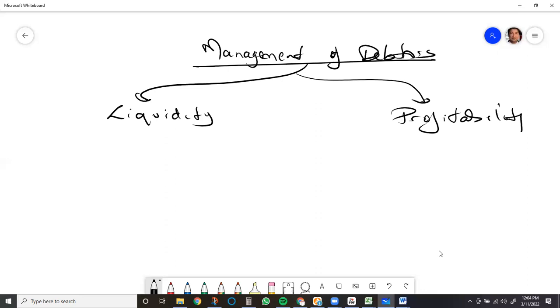Now, as far as debtors go, what happens if a company has a lot of debtors? A lot of debtors, a high receivables balance, would mean that the company obviously is doing something. In other words, is generating sales then.